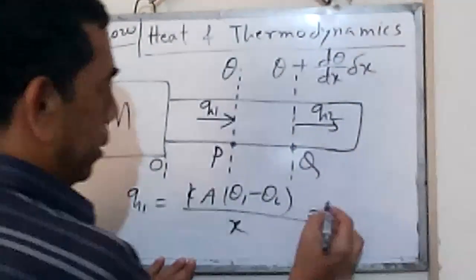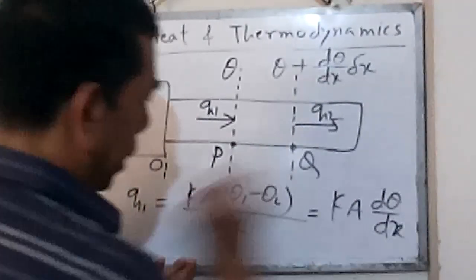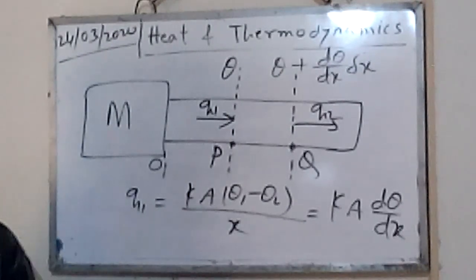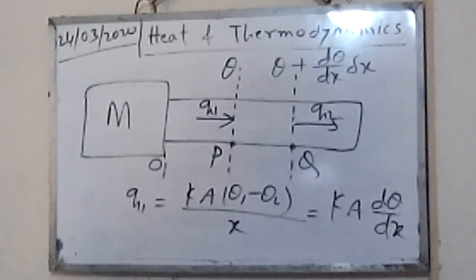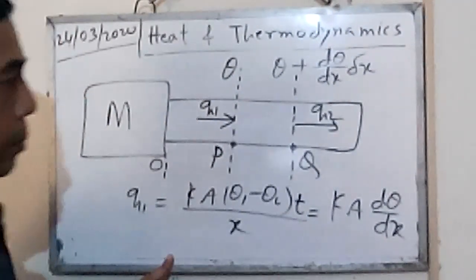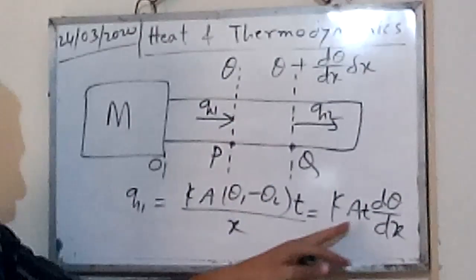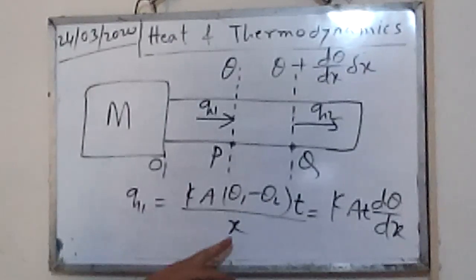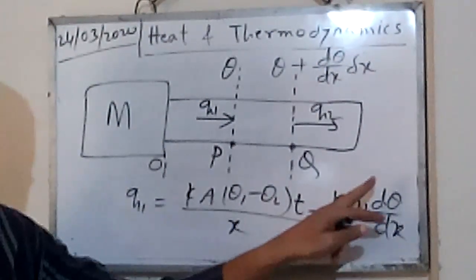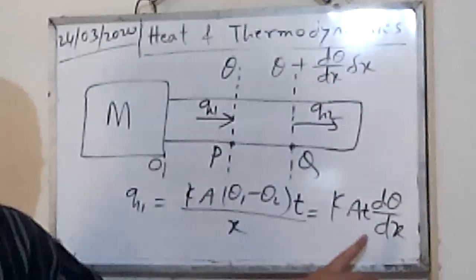We may write this equation as Ka times (theta 1 minus theta 2) by x, with time t. We may write theta 1 minus theta 2 as d theta, and x as dx.